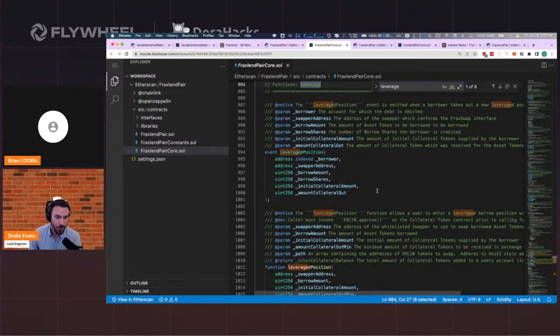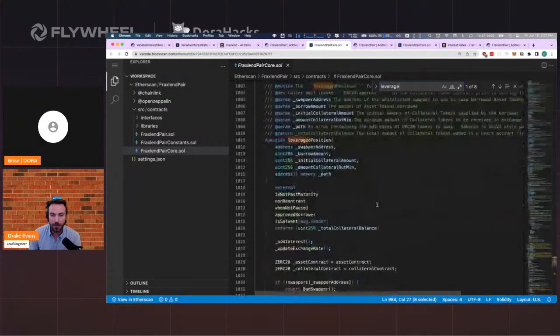They want to borrow 100 Frax, and they want to then take that 100 Frax and add it to their collateralization. So what they would have to do now is deposit their $100 of CRV, borrow $75 of Frax, sell the $75 of Frax, put that into CRV and deposit as collateral, borrow more Frax, until finally they were able to complete the loop completely, right?